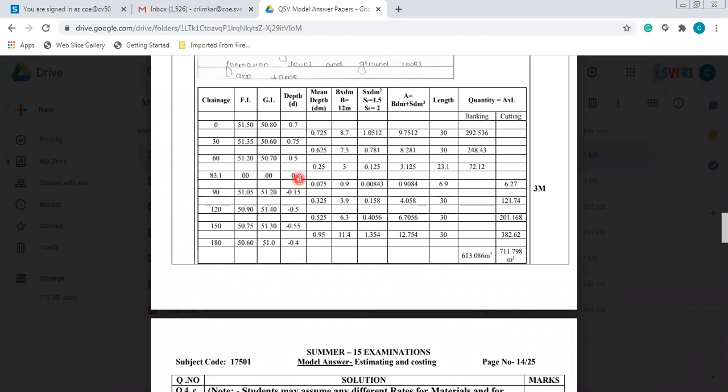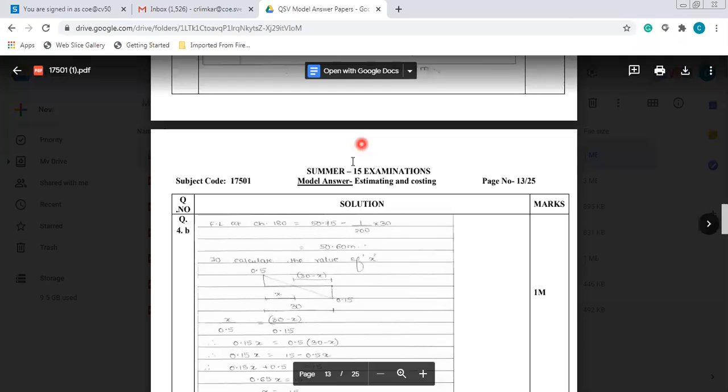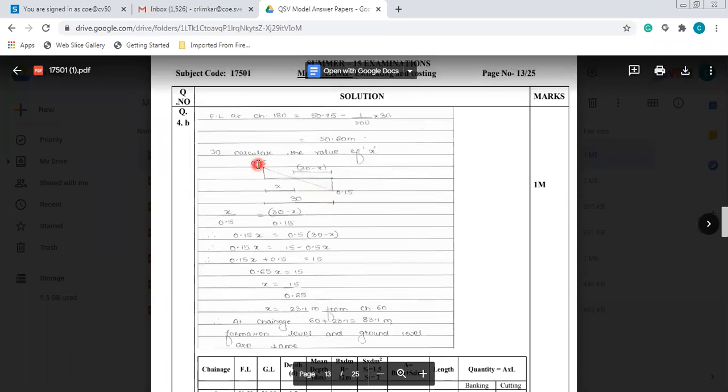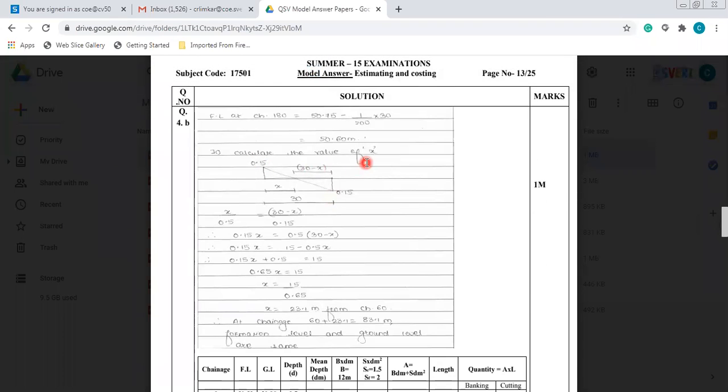Okay, and how are you going to determine that change point? See the depth, it is 0.5, and here it is 0.15. GL is 50.70, GL is 51.50, FL is 51.20, and FL is 51.05. See how the calculations are there. To calculate the value of X, that is the unknown chainage where the depth is 0.